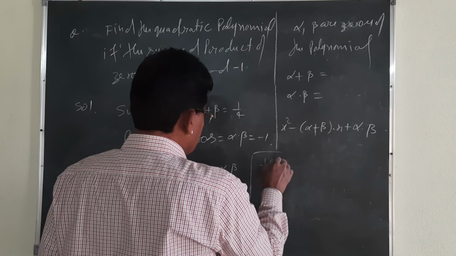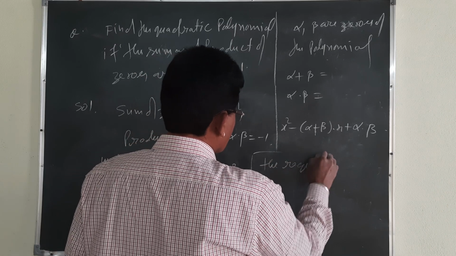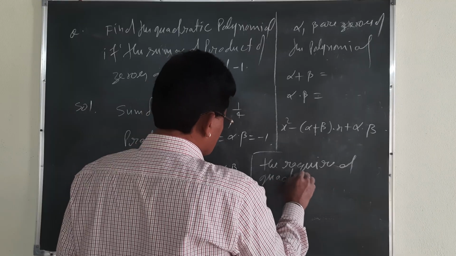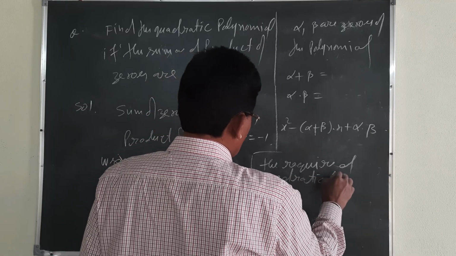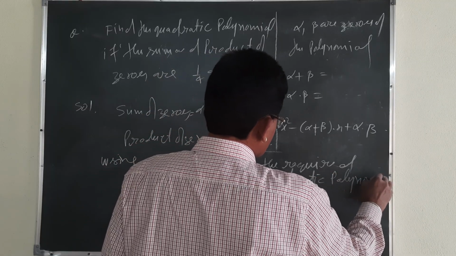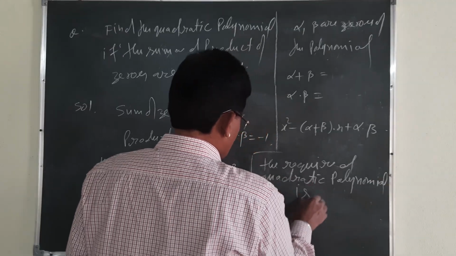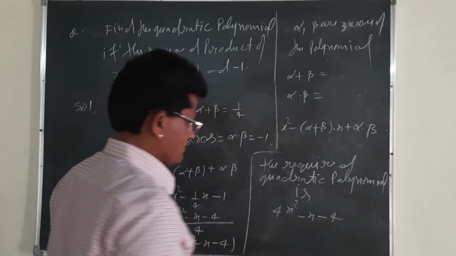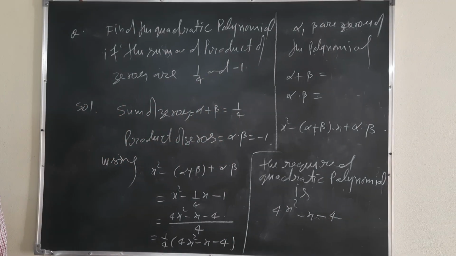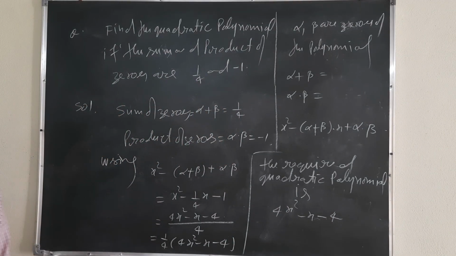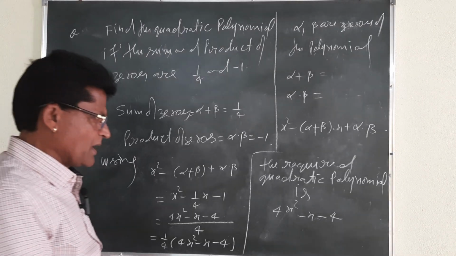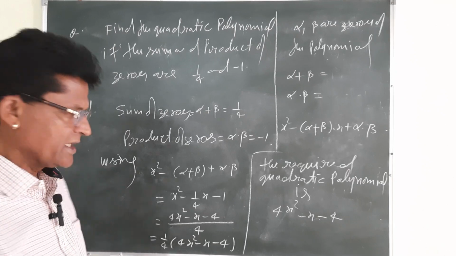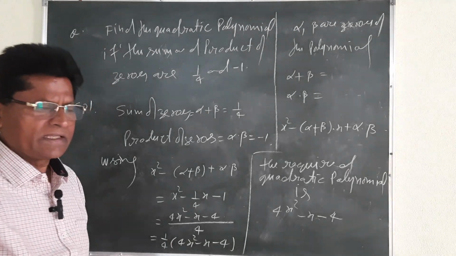The required quadratic polynomial is 4x square minus x minus 4. This is the required quadratic. There is no problem: either you write in this form or in this form. That is correct, because here we got the value of k, a real number, that is 1 by 4.